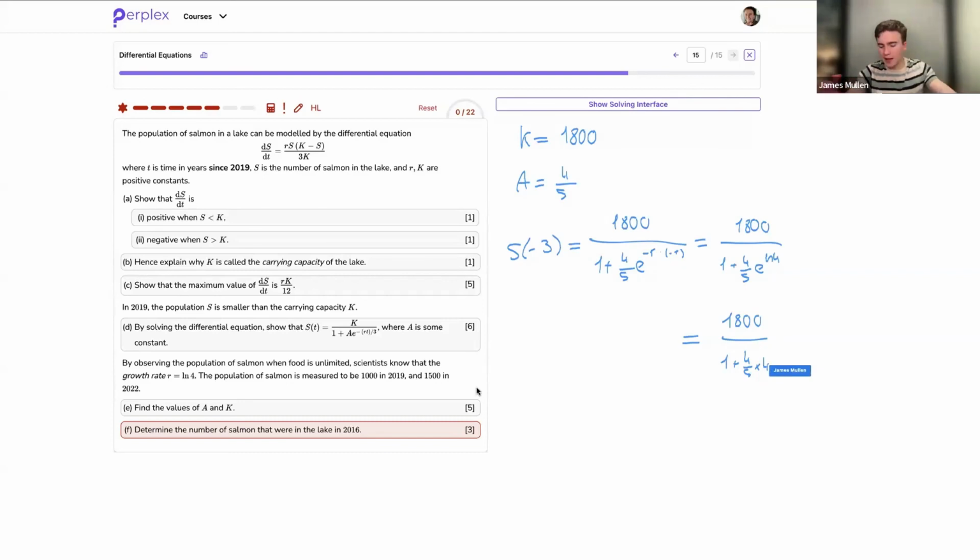So 4 over 5 times 4 is 16 over 5. 16 over 5 plus 1 is going to give me 21 over 5, or 4.2. And I'm going to do 1,800 divided by that. And that is going to give me 428.5. So I'm going to round that to the nearest salmon, and I'm going to say 429 salmon.